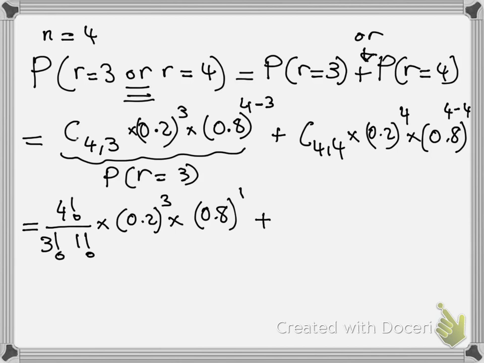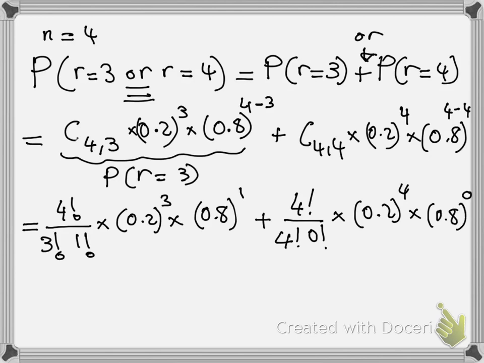Plus 4 choose 4, that's 4 factorial over 4 factorial times 4 minus 4, so N minus R factorial, that's 0 factorial, times 0.2 to the 4, and times 0.8 to the power 0.